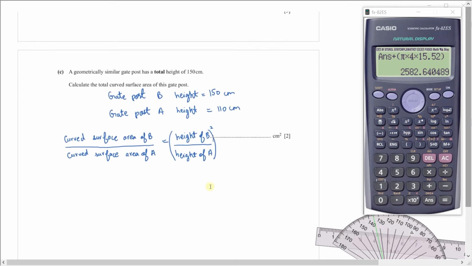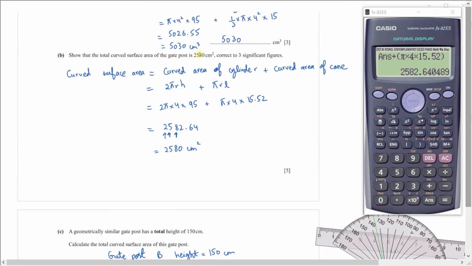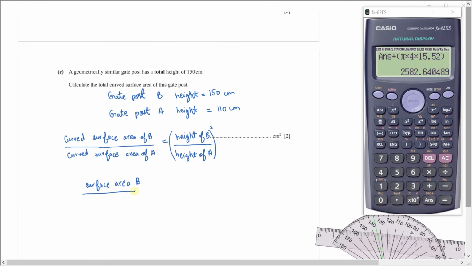So from this we can calculate the curved surface area of this post B, which has a height of 150. So I'll just write down curved surface area of B over curved surface area of A was 2580, and height of B is 150, height of A is 110, and then the square.